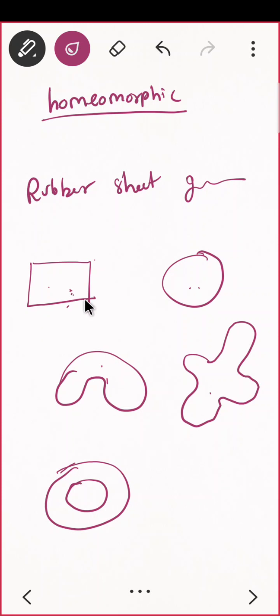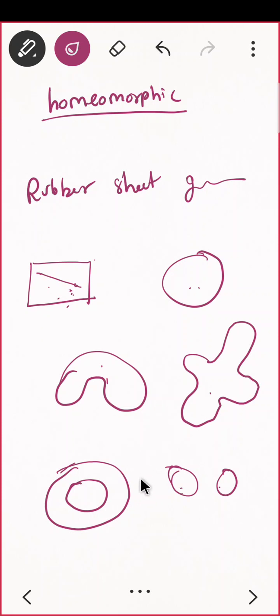Suppose, can I make this as this part, something like a product, or say two things? Can I make this as this? No, you cannot, because this should be path connected. This is path connected. Take any two points, I can find a path, so this is path connected, so this should also be path connected.